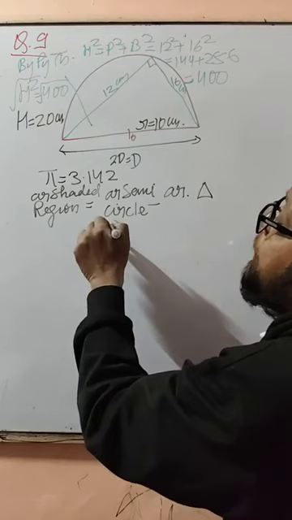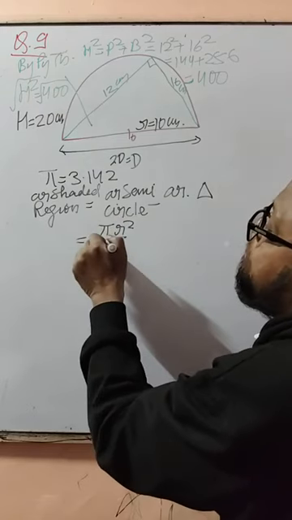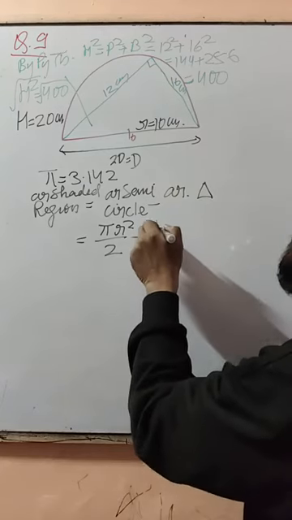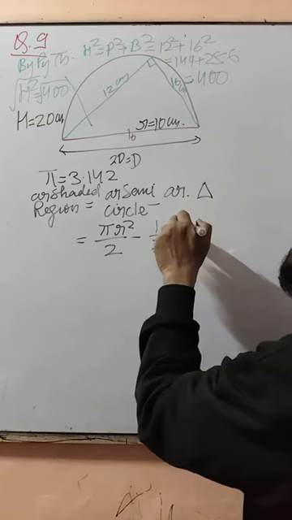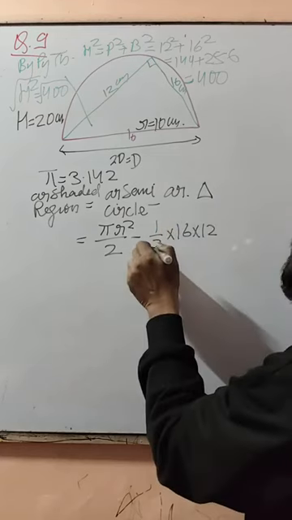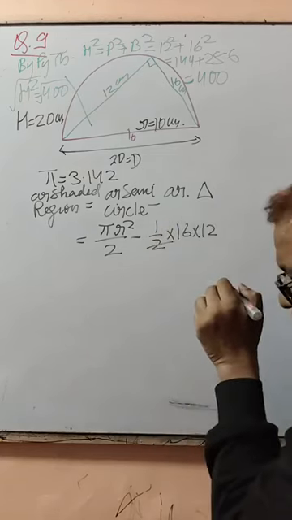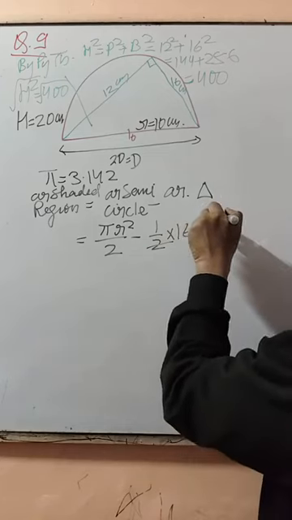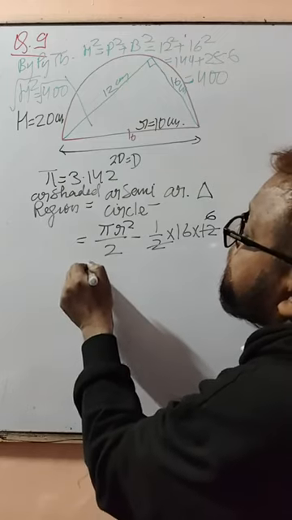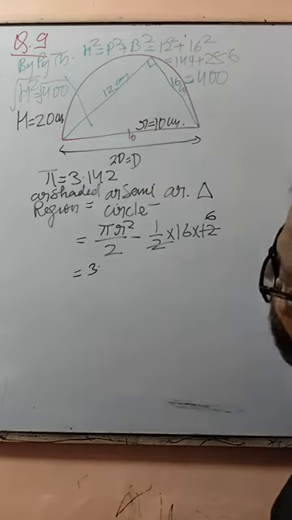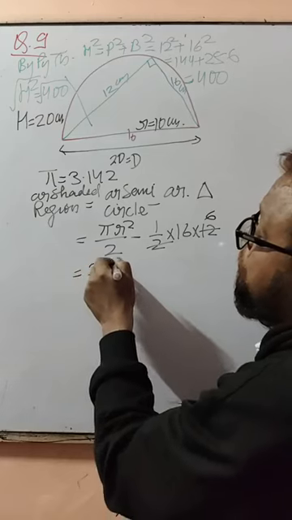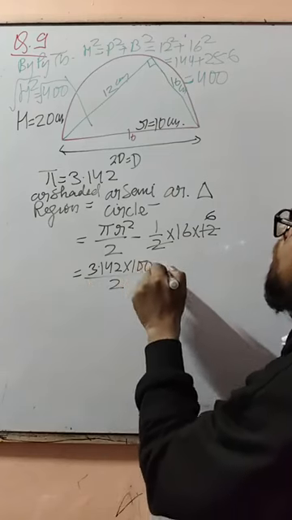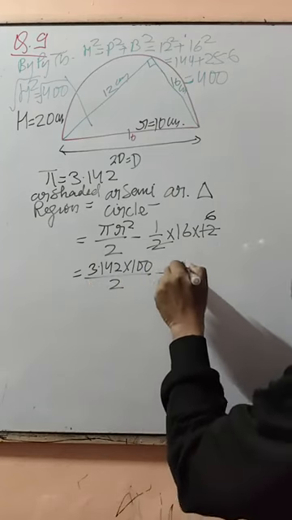Area of semicircle is pi r square by 2, and this is 1 by 2 into 16 into 12, which is 96. So this is 3.142 into 100 by 2 minus 96.